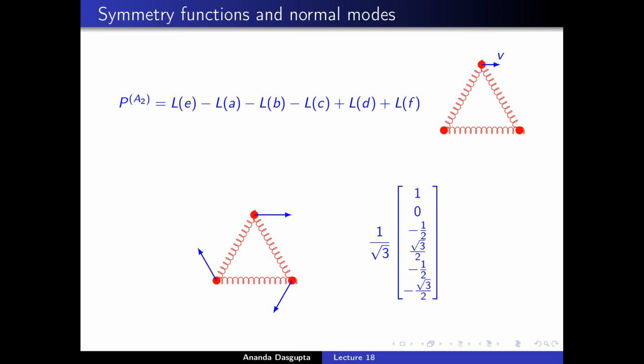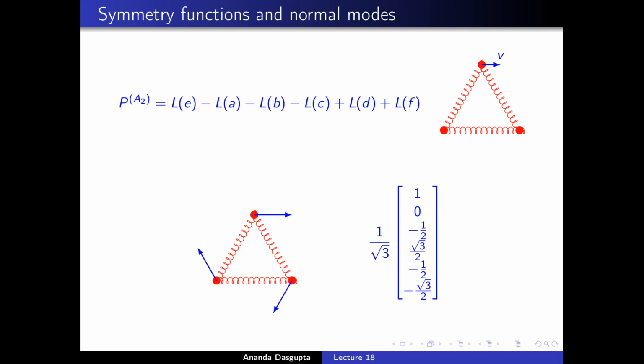So this is your final setup, and it is easy to see now that when PA2 acts on a vector V, the resulting basis vector for the invariant subspace which carries the representation A2 is nothing but a rotation. And this is of course what we have already used earlier when we said that the A2 representation stands for rotations, and so you can drop that when you are talking of vibrations only.